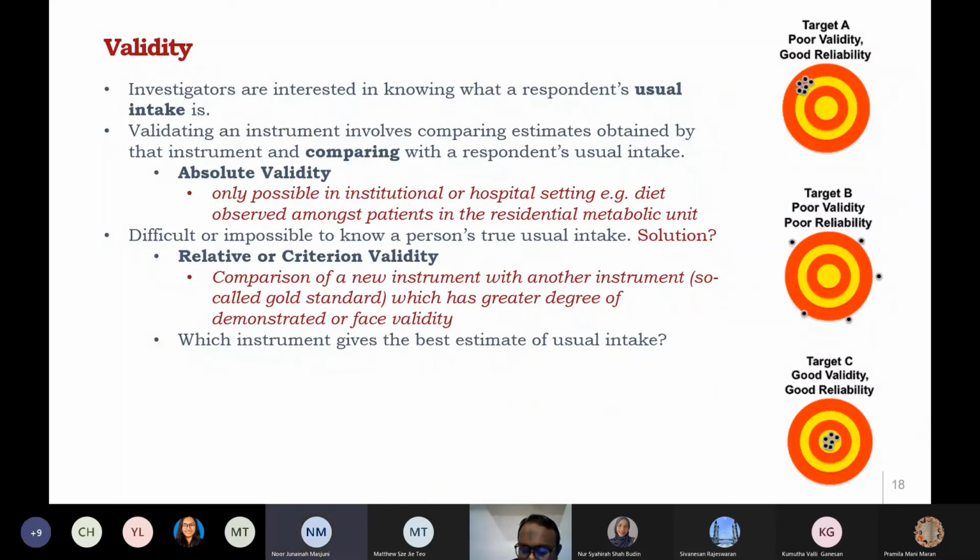Okay, understand. But I think the problem with the weighed record is people tend to change their diet because they are lazy, I guess. They don't want to eat so many things and so on. So it will affect as well. Yes, you're correct. That's the downside of weighed food record.